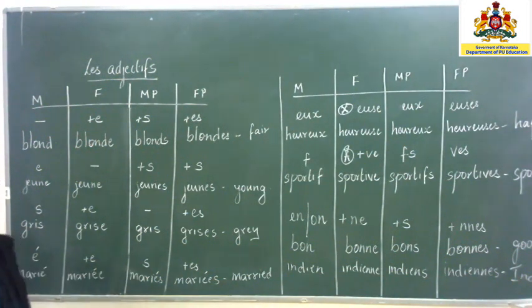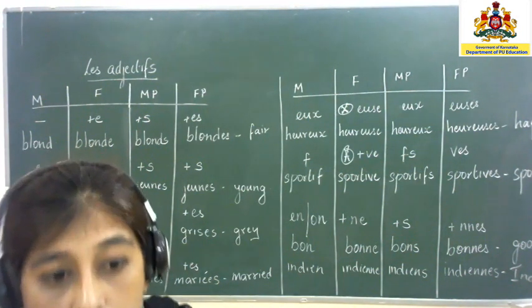If the word ends with EUX, remove the X and add SE. Masculine plural does not change. Feminine plural becomes SES. If the masculine ends with an F, remove the F and add VE. FS for masculine plural, VES for feminine plural. If the word ends with ON or EN, double the N and add E for the feminine, S for the masculine plural, and double the N with ES for the feminine plural. So with that, we finish regular adjectives.